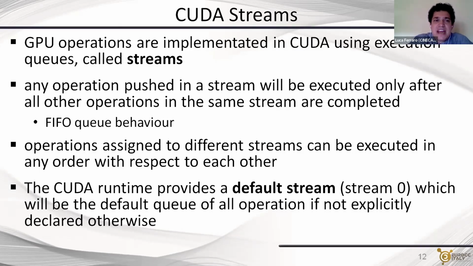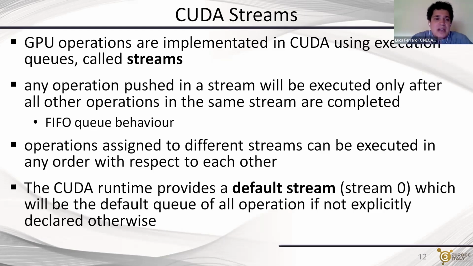Streams can be viewed as queues of execution. Every GPU operation is implemented in CUDA using execution queues. Any operation that you invoke in your code is pushed into a queue, into a stream, and this operation will be executed only after all previous operations are completed.